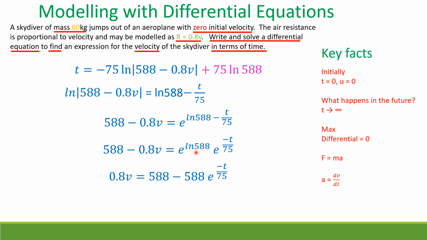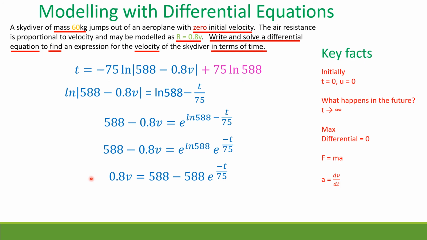Now on top of this, I'm going to rearrange to get 0.8v. So I'm going to take 0.8v to the right hand side. This term on the right hand side is going to come to the left hand side, which is now minus 588 e to the minus t over 75. And the 588 stays put on the left hand side. It's just moved to the right hand side.